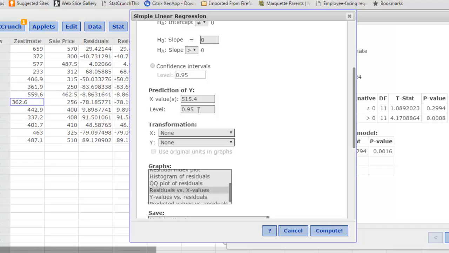There are confidence intervals about the mean response. So that would be a confidence interval for the mean value of all homes where this estimate is 515,000. Or we can make a prediction interval, which is probably more what Aaron's interested in, which is a confidence interval for the price of a specific home.